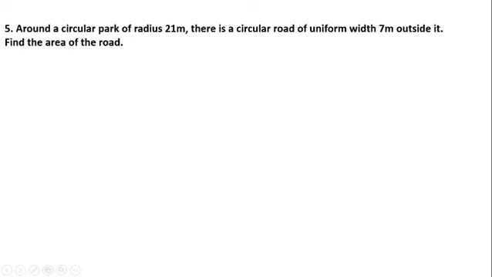And that says that around a circular park of radius 21 meters, there is a circular road of uniform width 7 meters outside it. Then it says find the area of the road.